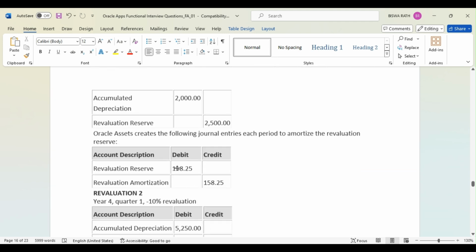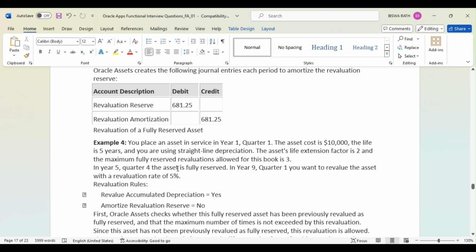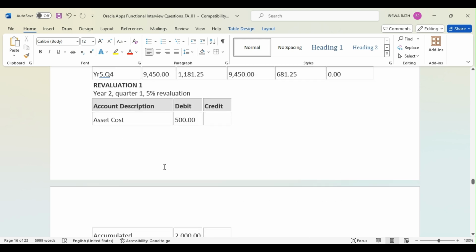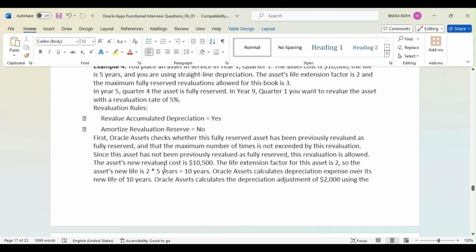So these are various accounting entries and treatments. This is also a revaluation treatment entry.